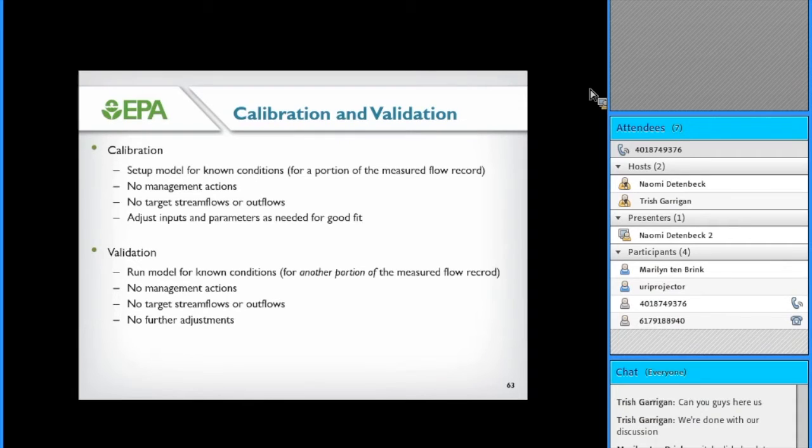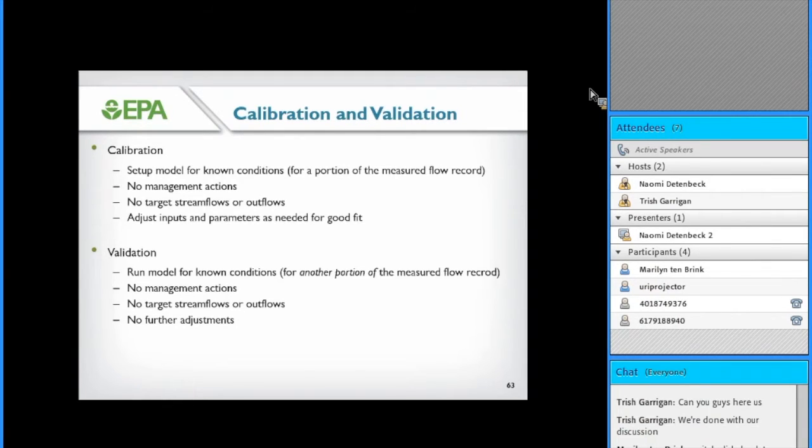Same with other operations. You don't allow management actions to be used during the optimization. So you still click on optimization when you run the model, but there's no action that's being allowed to be selected because we want WMOST to be forced to basically deal with the system as we've specified it.